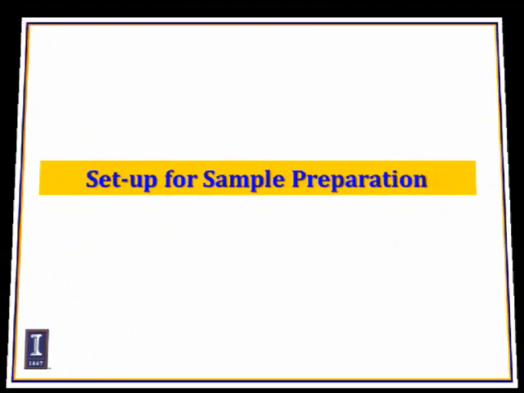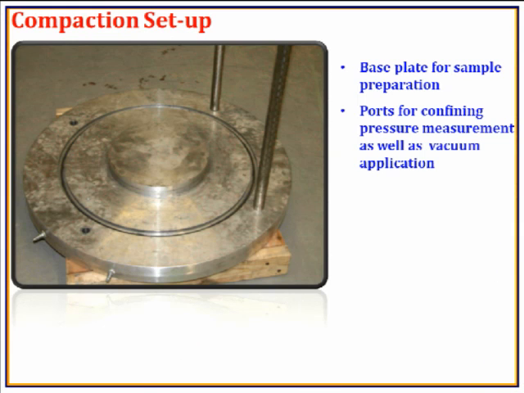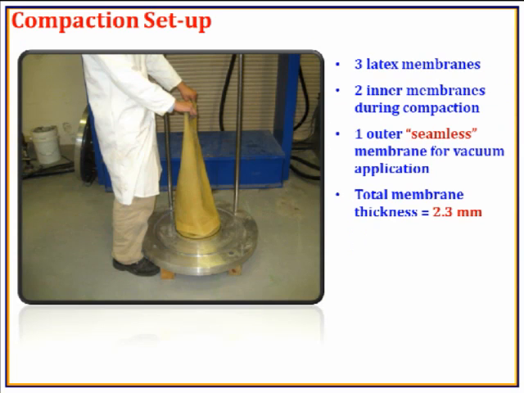Setup for the sample preparation. Compaction setup. First, we install the base plate, and you can see there are 2 ports for vacuum application or pressure application. We usually use 3 latex membranes to compact the specimen.